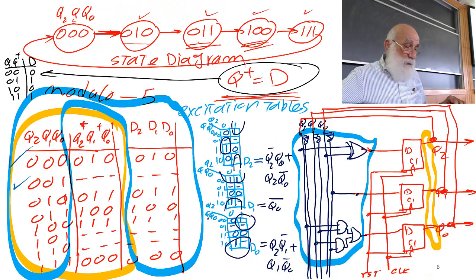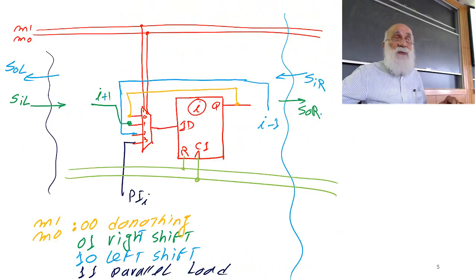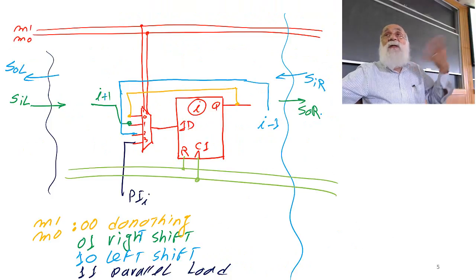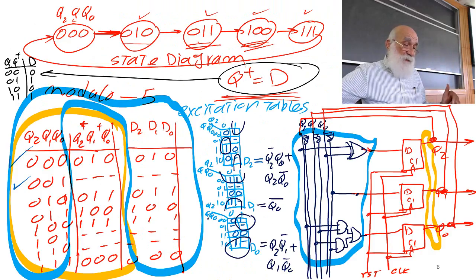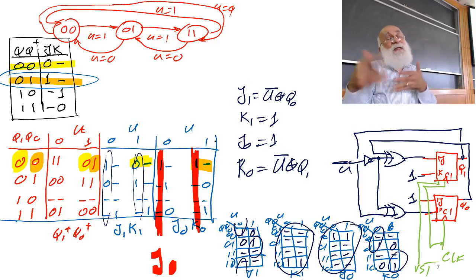But now I'm going into what is called controllers. Okay, controllers are circuits very similar to counters. They have states. They go from one state to another state based on certain conditions, like this up down counter that I had. It goes from one state to the next state based on certain conditions.